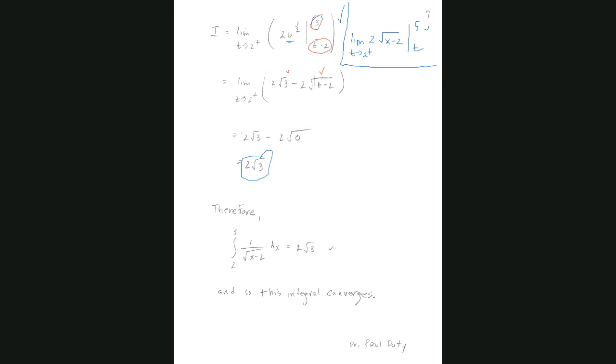So the 2 times the square root of t minus 2 would be 2 times the square root of 2 minus 2, right? And that, of course, is the square root of 0. So I'm just adding a few more steps here. That's 2 times the square root of 3 minus 2 times the square root of 0. And that's just going to be 2 root 3.